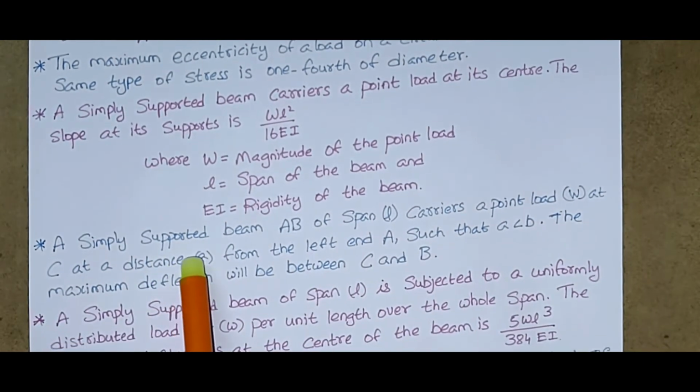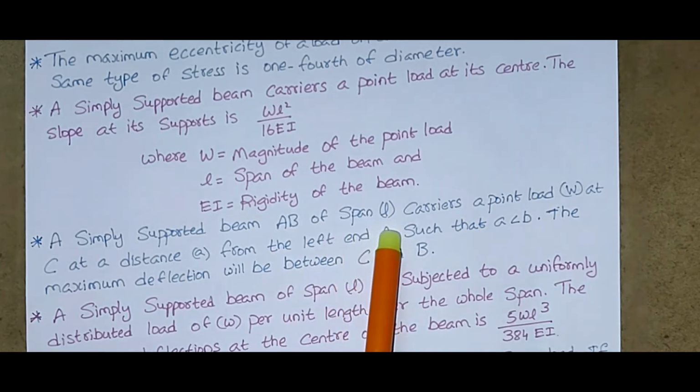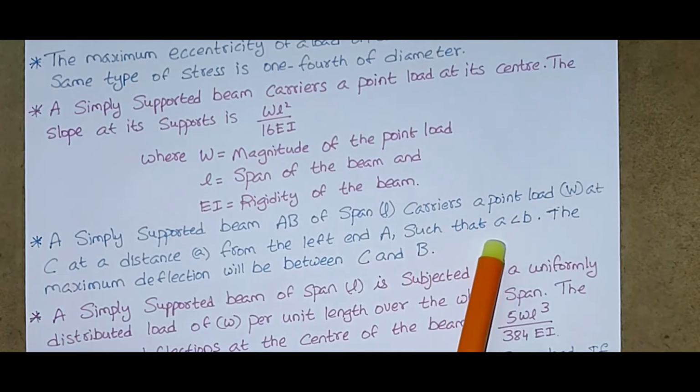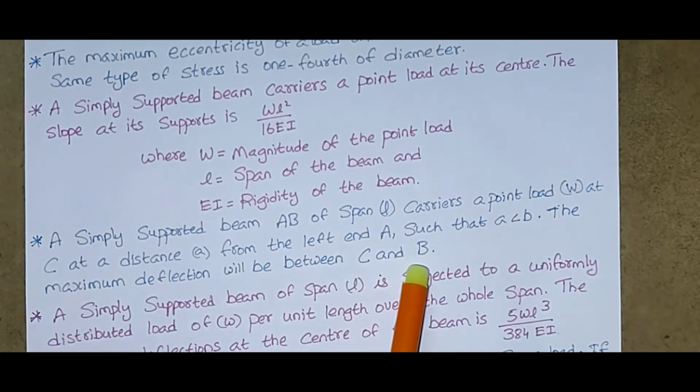A simply supported beam AB of span L carries a point load W at C at a distance A from the left end A, such that A is less than B. The maximum deflection will be between C and B.